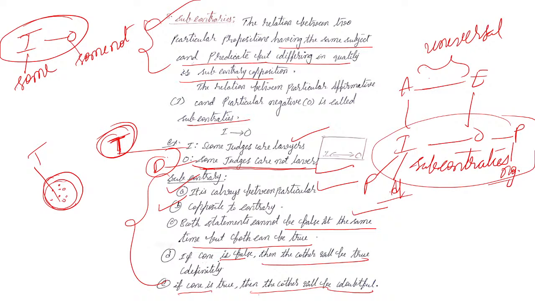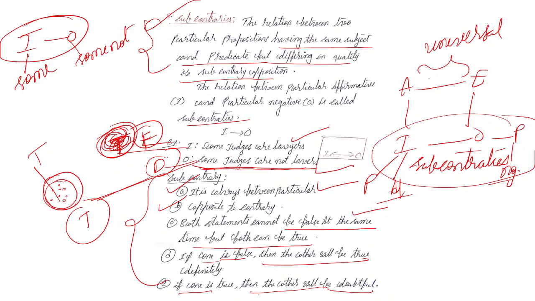Suppose 'some judges are liars' is false. That means 'some judges are not liars' will be true, right? It will become true. We are already saying some judges are liars is false, which means some judges are not liars.